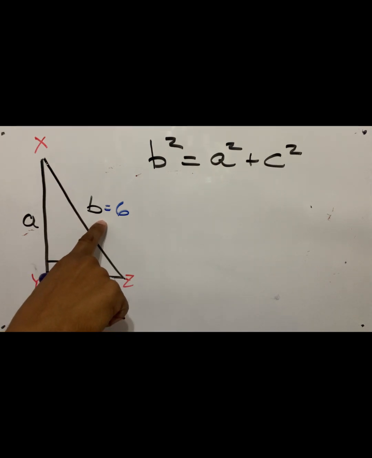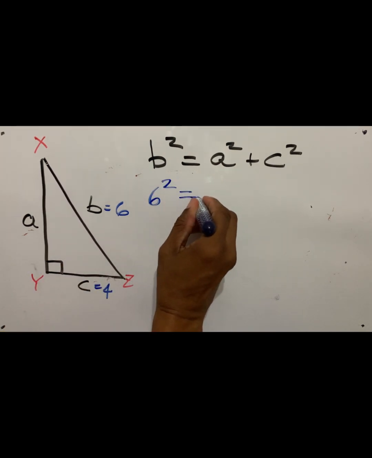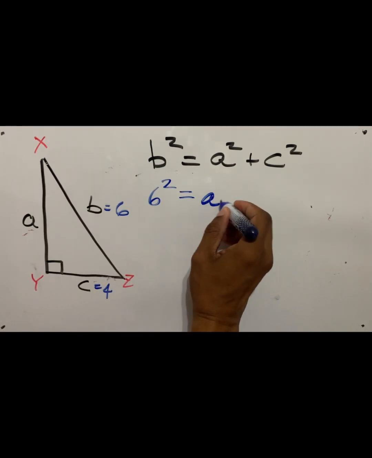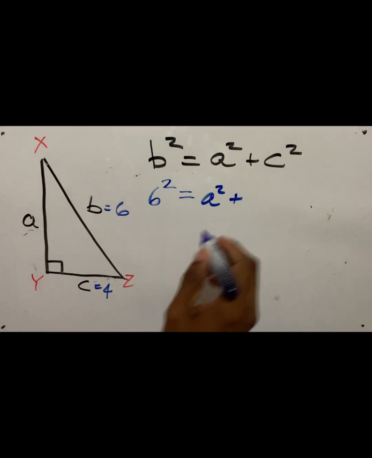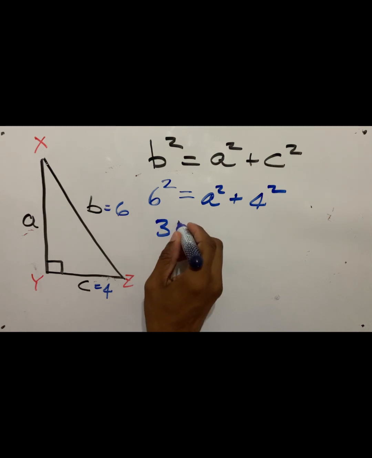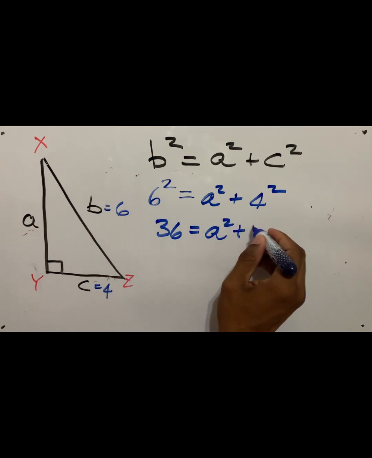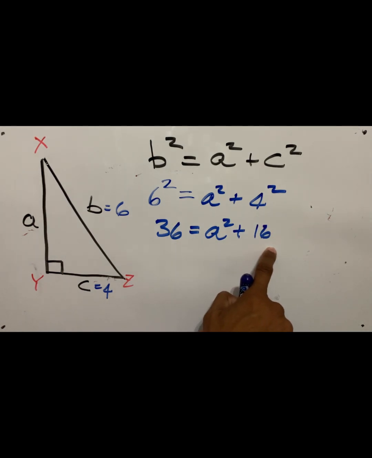So we have the hypotenuse squared, which is 6 squared, is equal to a squared. We don't know what a squared is, so we still put it back, plus c squared, which is 4 squared. So we have 36 is equal to a squared plus 16.